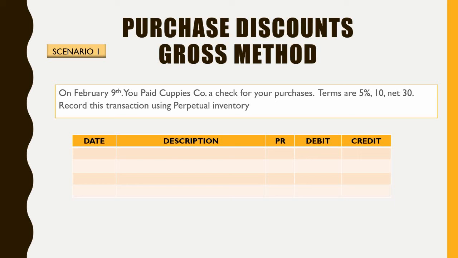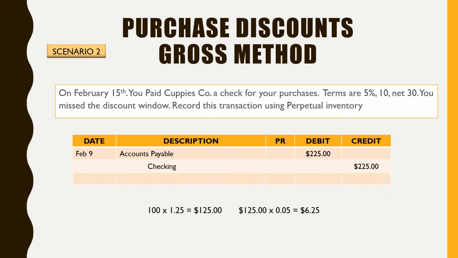Now when you do that, you're going to take the discount out from your inventory and say, well, I'm going to pay you less because I earned the discount. And where am I going to take my discount out from? Directly out from inventory, for the $6.25. If not, and I decide to pay on the 15th as usual, I just pay for what I owe.